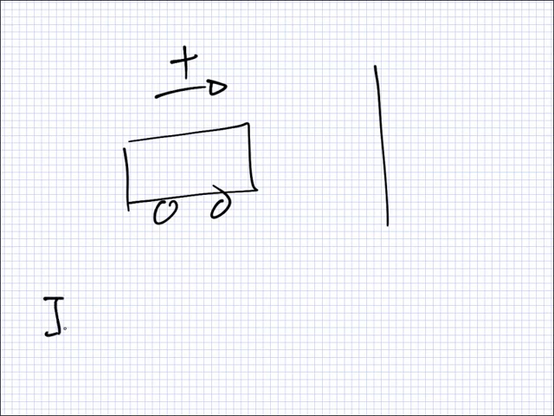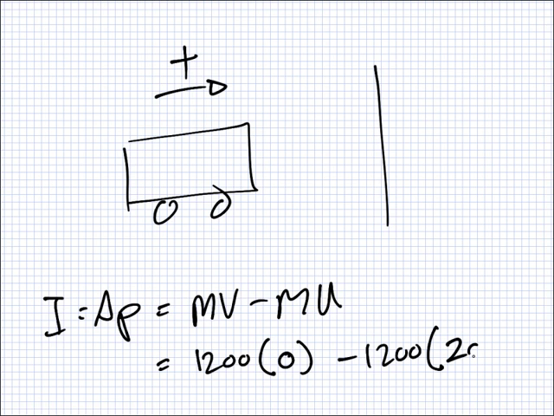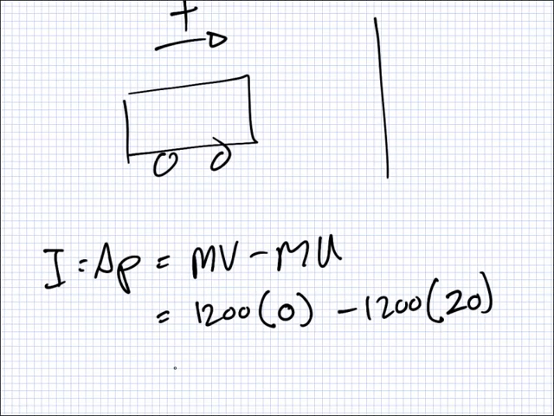So, the impulse is delta P, which is mv minus mu. The m, what did we say the m was? 1,200. And the v, what's the v? The v is 0. At the end, that rest. 20, I said? Yeah. So it's a negative 2400. What unit?